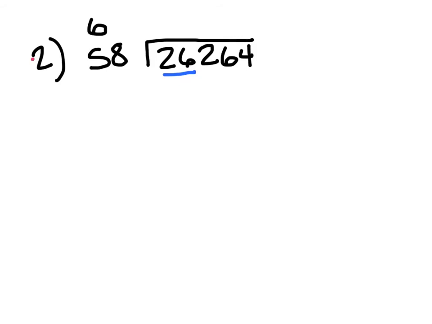Well, it goes 4 times. So we put the 4 on top of the 2. And we say, how many times is 4 times 8? 32. We carry 3. 5 times 4, 20, and 3, 23.